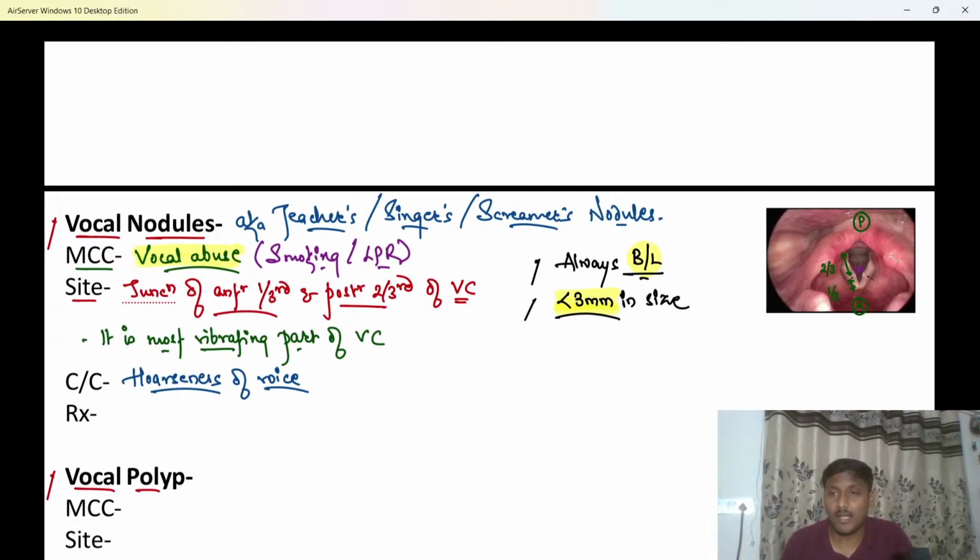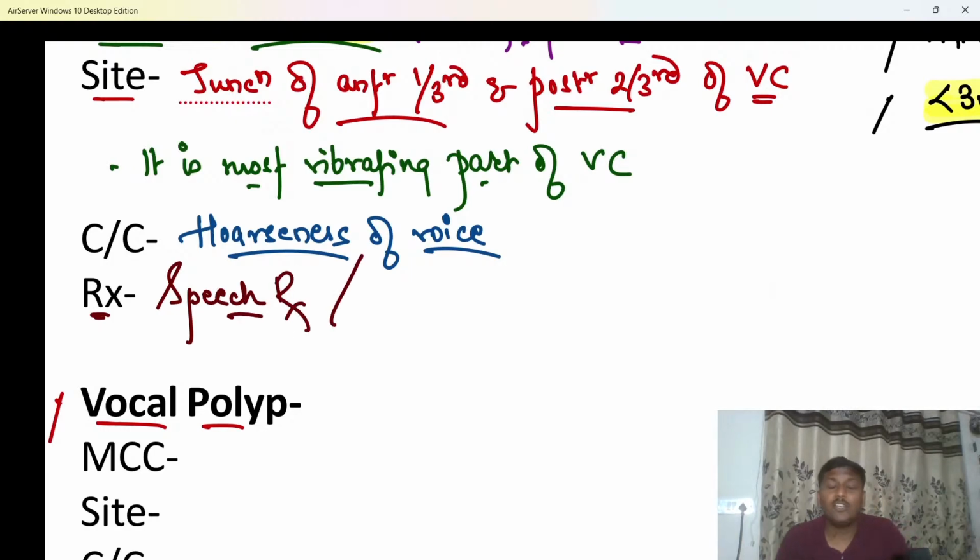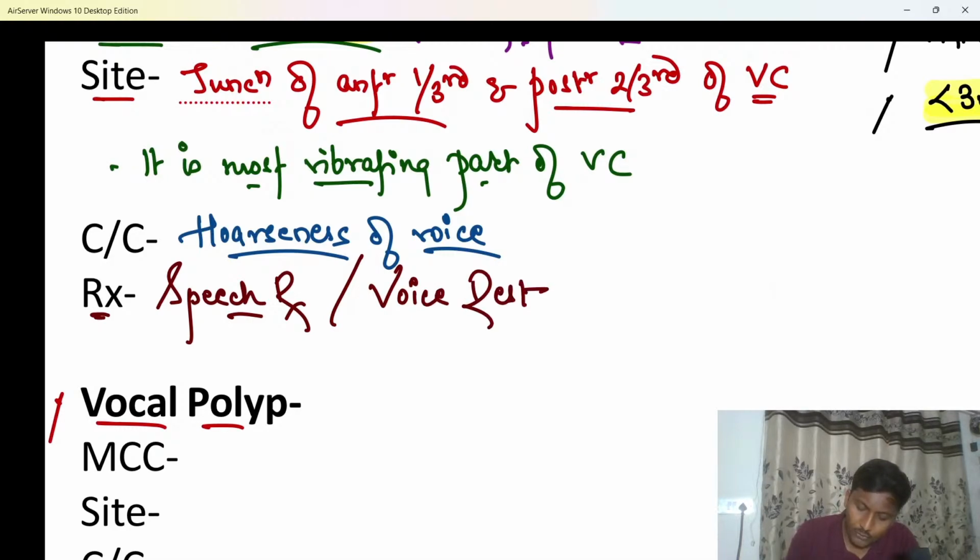Teachers देख के answer मत mark करना, that is important. What will be the treatment, beta? Now treatment is definitely, as the patient's voice has become very hoarse, so you have to recommend the patient speech therapy. But are you going to recommend the patient speech therapy and are you going to ask the patient to speak a lot right now? No. Right now the patient actually needs some voice rest or some vocal rest, and after a few days definitely you will ask the patient to come back.